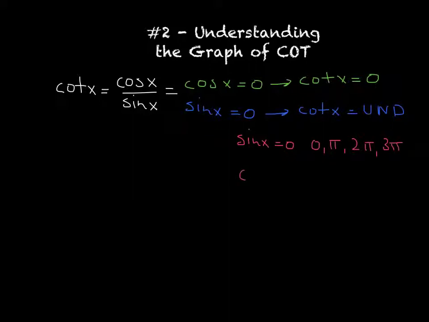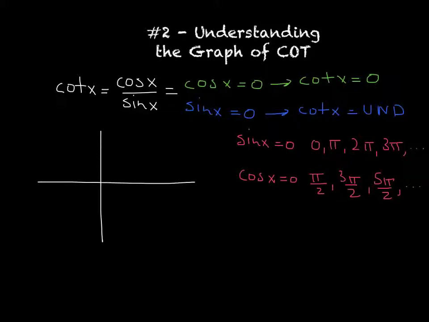And the cosine of x equals 0 at pi over 2, 3 pi over 2, 5 pi over 2, and on and on and on. All right? So you're going to want to memorize those, and you'll see why later. So let's see if we can graph the cotangent.